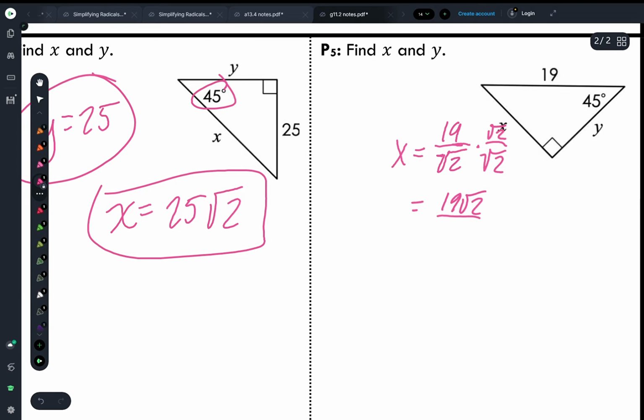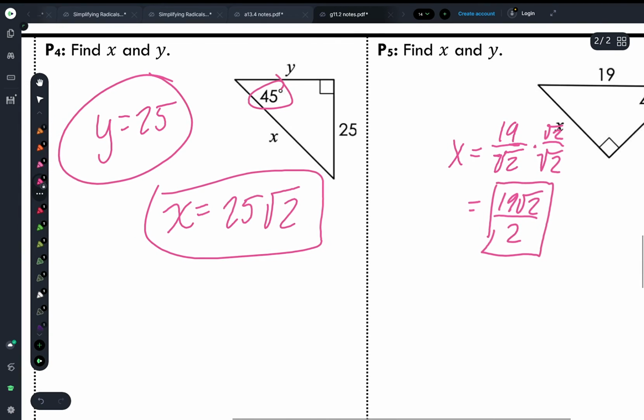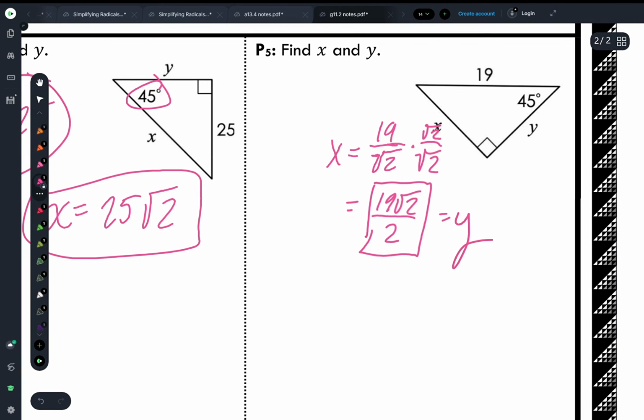And then this is going to be any square root multiplied by the same square root. All you have to do is drop the square root and take what's inside. So we have 19 square roots of 2 over 2. Okay, and that would be x, and it's also going to be equal to y.